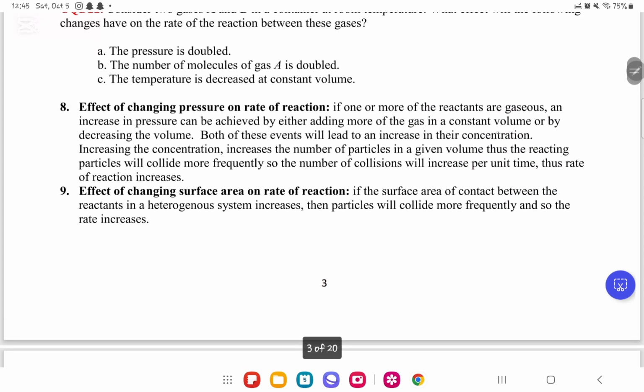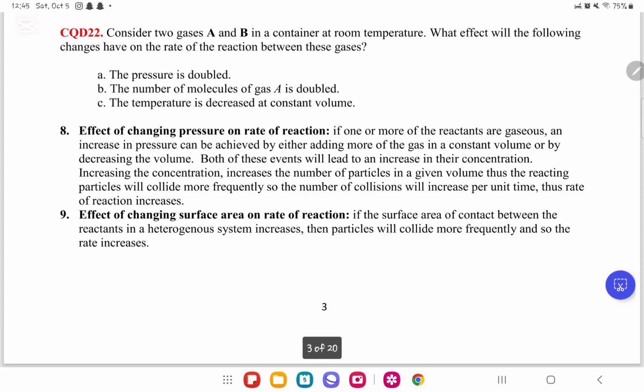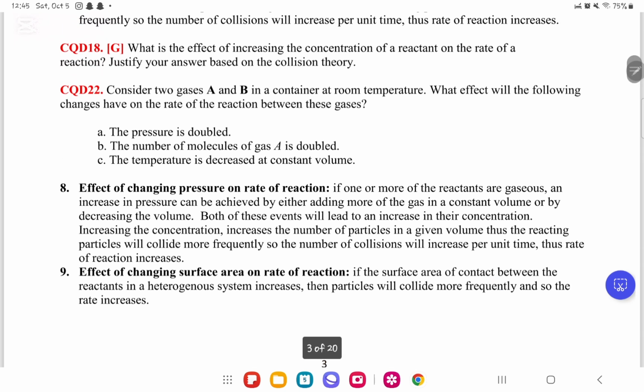CQD number 22. Consider 2 gases, A and B, in a container at room temperature. What effect will the following changes have on the rate of reaction between these gases? If the pressure is doubled, remember we said that the pressure is inversely proportional to the volume, so consequently the volume will be halved.